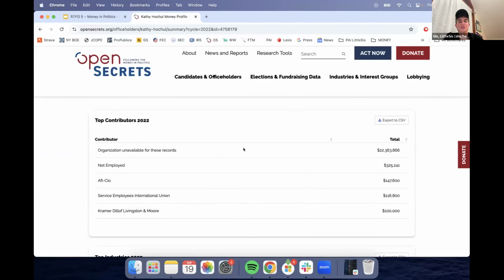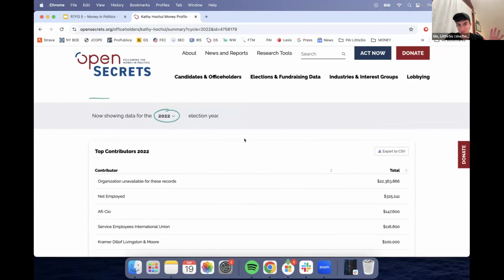Another thing to note, state campaign finance data, when it comes to the different rules and regulations, what people can donate, what they have to do, it's all very different. In New York, you do not have to put your employer down. So that's why we're seeing here organization unavailable for these records for $22 million of this total. That's not some conspiracy.